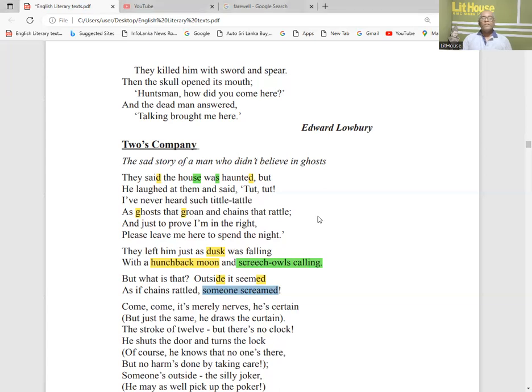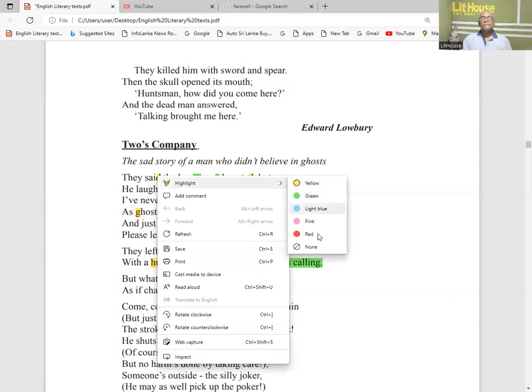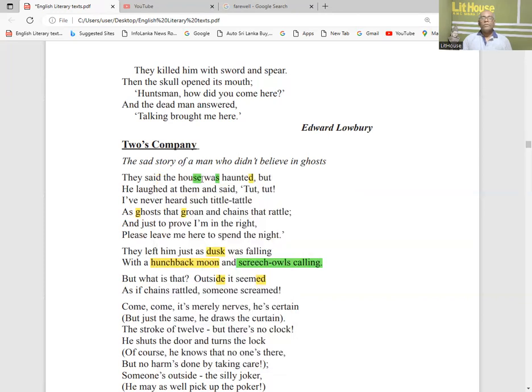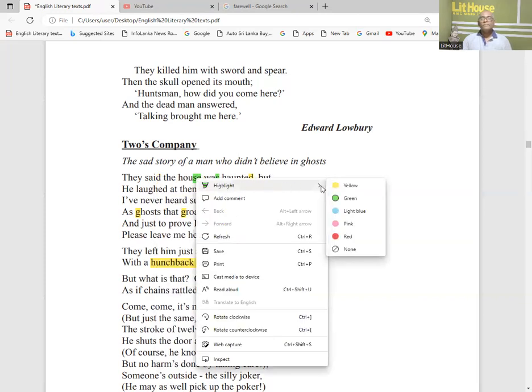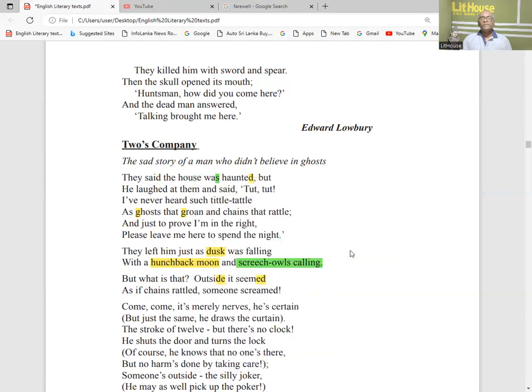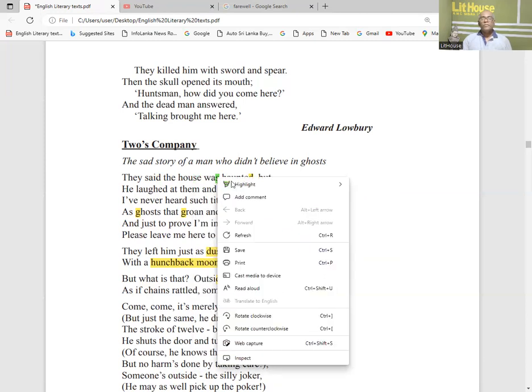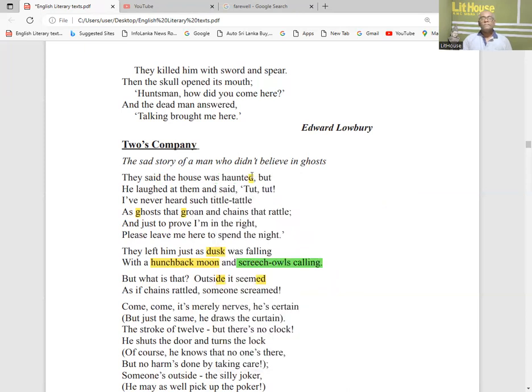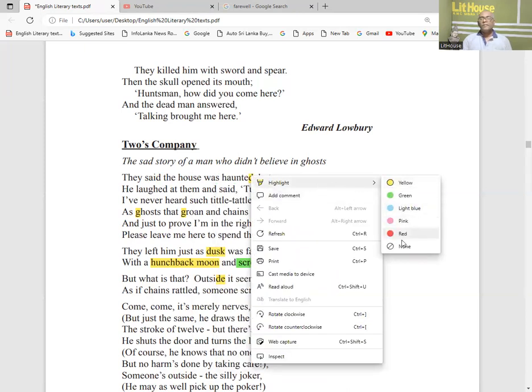Now, what are the similar vowel sounds? In the first line, house was haunted. Read it loudly. Then you will hear some similar vowel sound. What is the similar vowel sound?